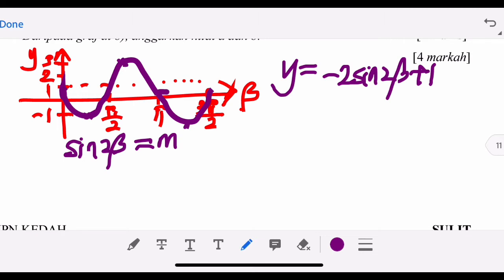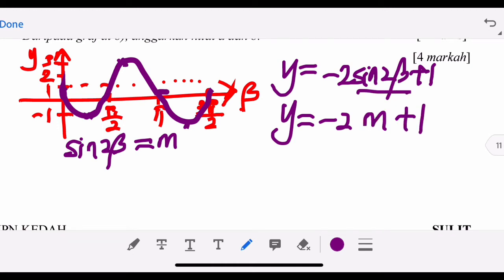So now you can substitute sine 2 beta equal to m, so that you can get an equation. So y is negative 2 sine, when you see sine 2 beta you substitute m. Now you have the equation like this, y equal to negative 2m plus 1, and this is actually a straight line, right?